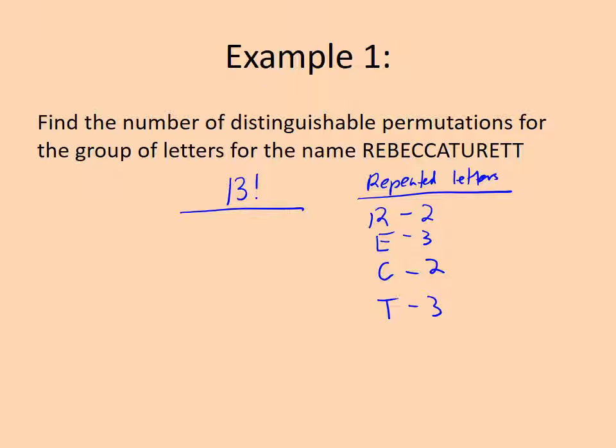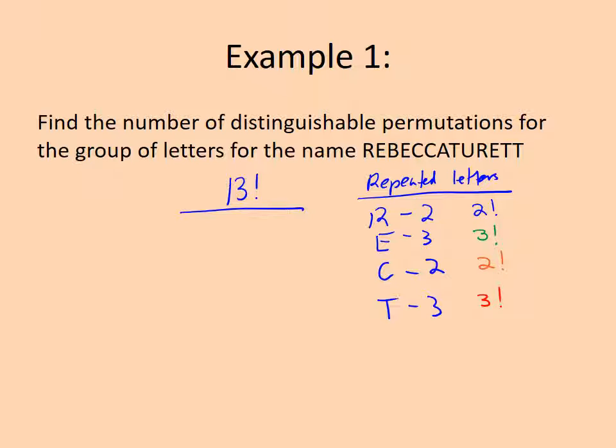Well, the way to arrange 2 R's is just 2 factorial. The way to arrange 3 E's is just 3 factorial. The way to arrange 2 C's is 2 factorial. And the way to arrange 3 T's is 3 factorial. We must divide out by these arrangements.